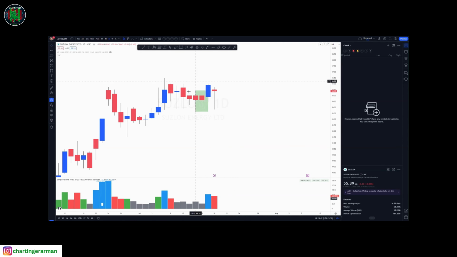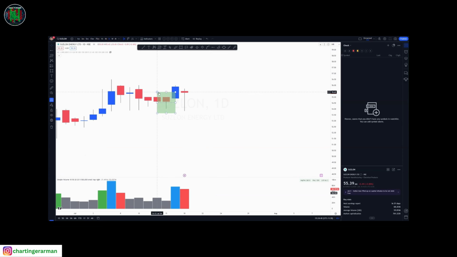While trading this system, the length or the range of the mother candle acts as the target. What we have to do is place it over here.